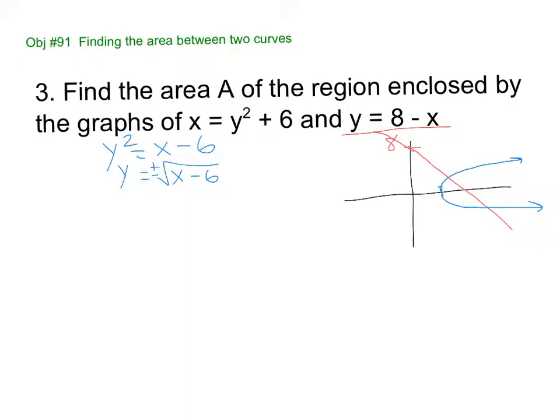So say here's 6. And it's a square root, but then it's going to have that bottom piece too. So think about, would this be better to do in terms of x or in terms of y? Well, if we do in terms of x, remember that's up and down. So I would have to do the top blue minus the bottom blue, and then the red minus the bottom blue. That would be obnoxious, right? So we really, really don't want to do that.